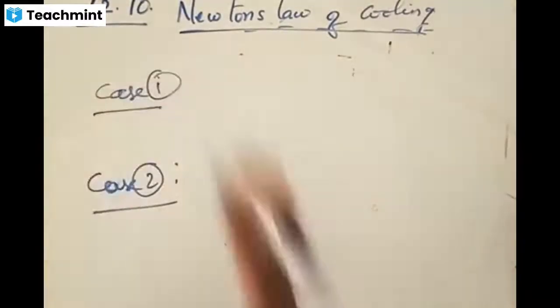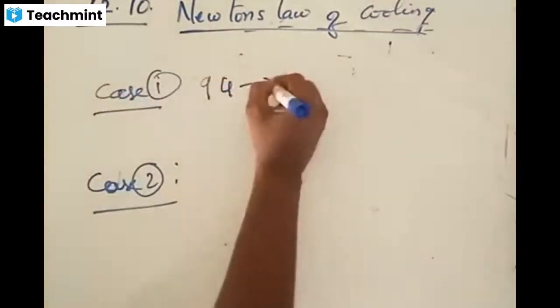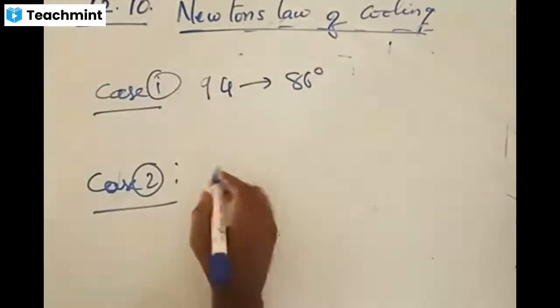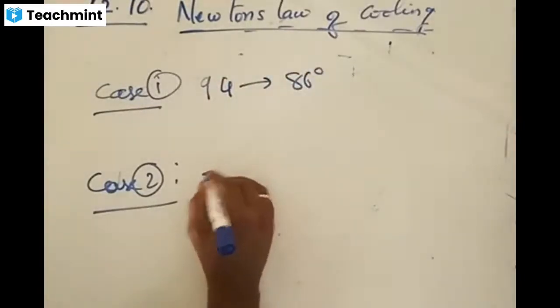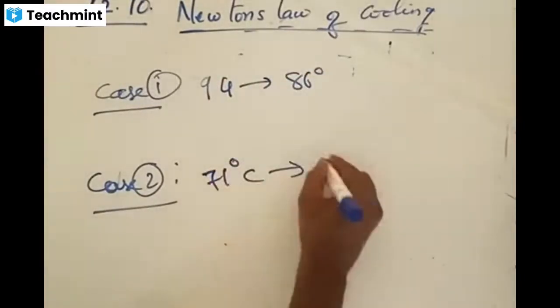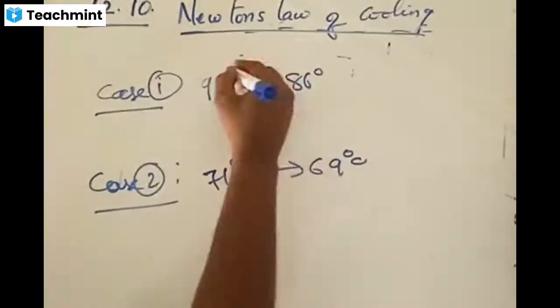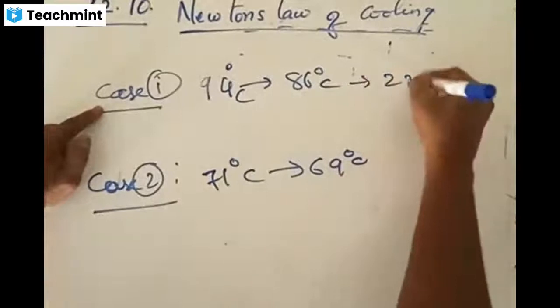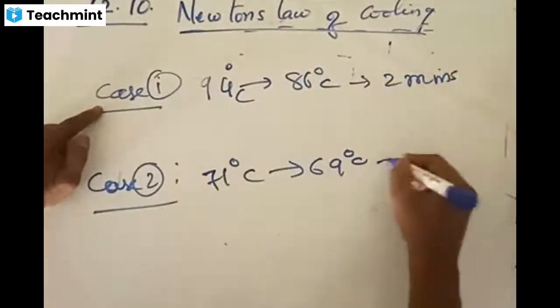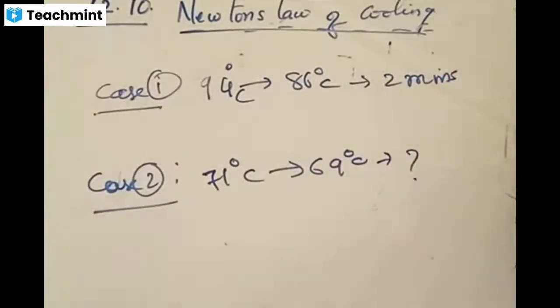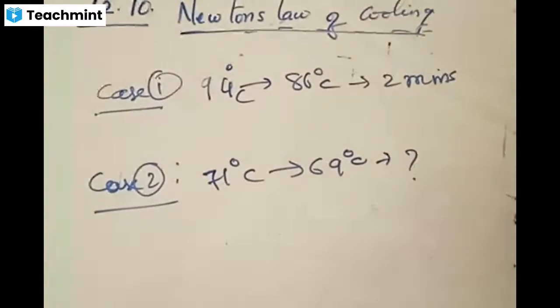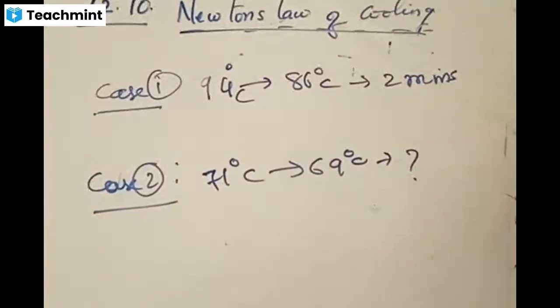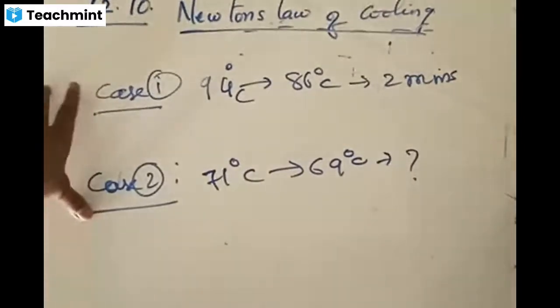This is from 94 to 86, whereas in the second one he is asking from 71 degrees Celsius to 69 degrees Celsius. For the first, how much time is it taking? 2 minutes. And he is asking the time taken for the second. Remember, Newton's law of cooling problems are always based on two different cases like this. Every problem will have two cases like this.